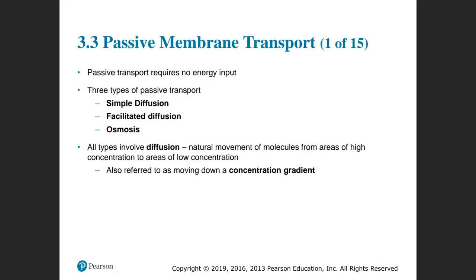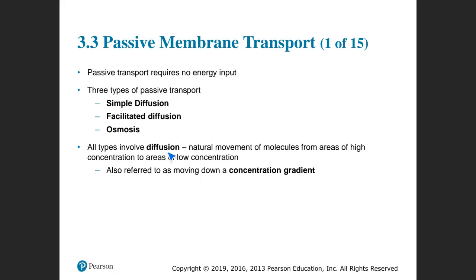Let's go through a few examples of passive transport next, and I'll share some animations. Your text has some animations for these too. Passive transport, again, has no energy used by the cell. So there's simple diffusion, facilitated diffusion, and osmosis, which are categories or examples of passive transport by the cell.